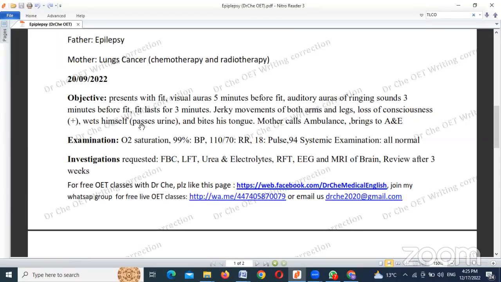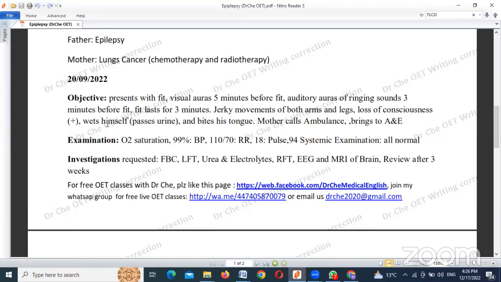In the first visit, the patient presents with a fit, with visual auras 5 minutes before the fit, and auditory auras of ringing sounds 3 minutes before the fit. The fit lasts for 3 minutes. How was the fit? There were jerky movements of both arms and legs. Loss of consciousness was positive.